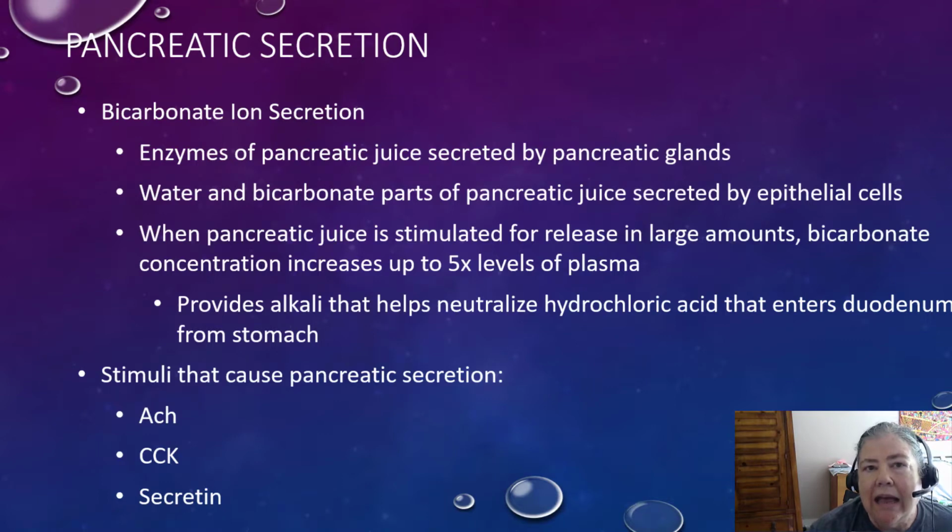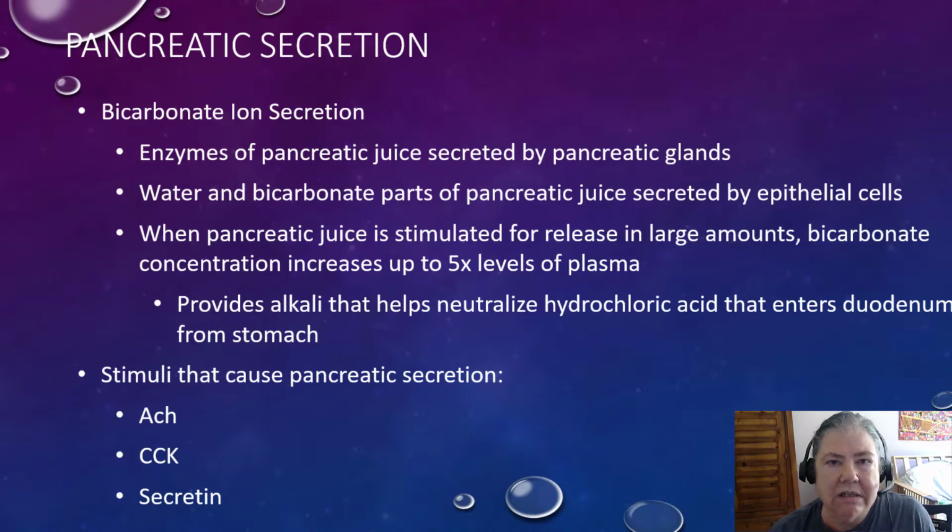And that alkaline solution, again, is crucial for neutralizing the hydrochloric acid that enters the duodenum from the stomach through the pylorus. So the things that trigger pancreatic secretion include acetylcholine from the autonomic nervous system and also from the enteric nervous system, along with the hormones cholecystokinin and secretin.